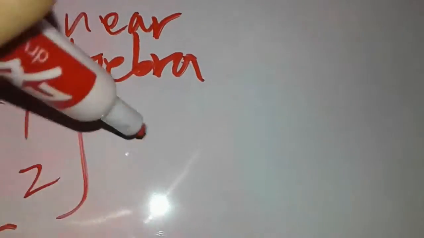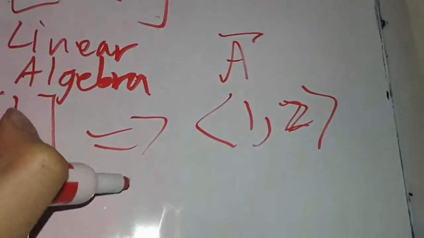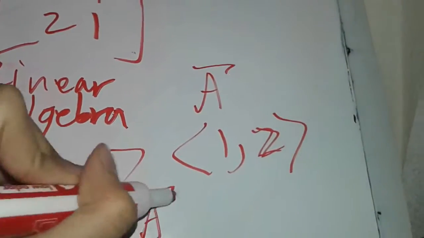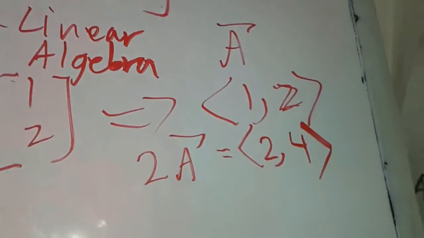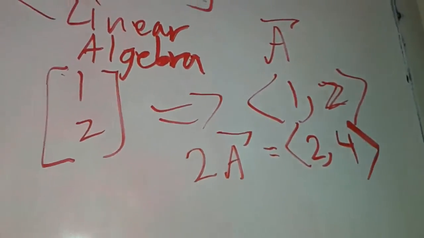And they're technically not coordinates, but I see how a one-column matrix can be represented as a vector, which is 1, 2. Let's say a vector A. And for scalar multiplication, if you multiply this vector by 2, then you get 2 and 4 for the components. And yeah, it's very similar to what you can do with the grid.